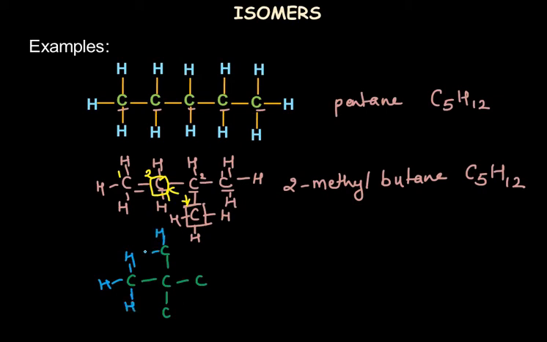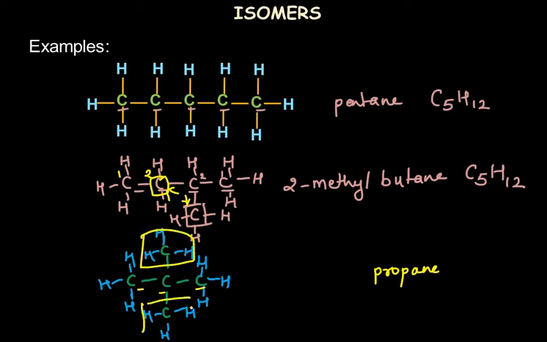So here are the remaining hydrogen atoms, and if you check, the longest chain has only 3 carbon atoms, so obviously the name will have propane. The longest carbon chain here has 3 carbon atoms, so propane, and there are 2 branches, both methyl groups, and we can see that both methyl groups are on the second carbon atom.